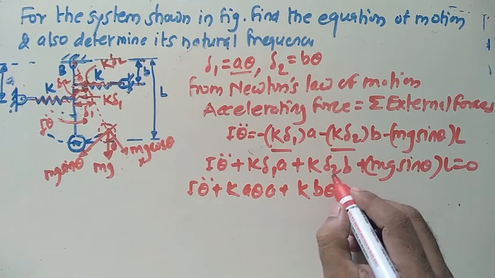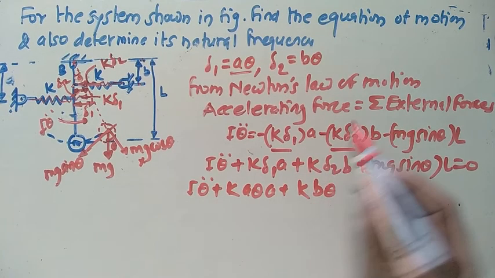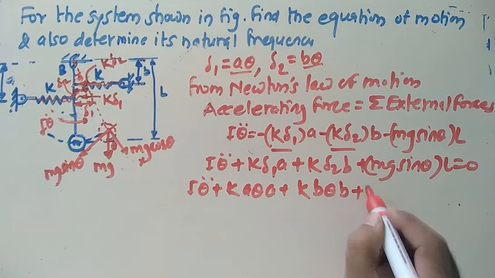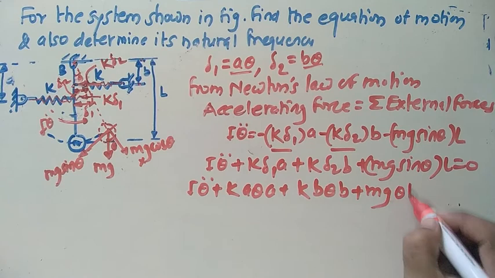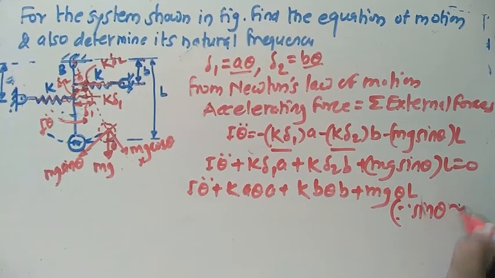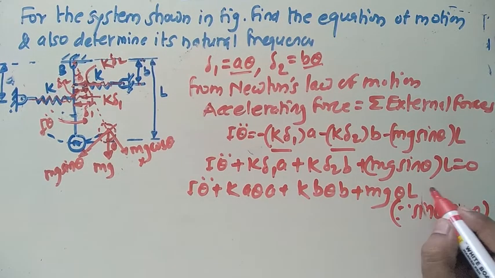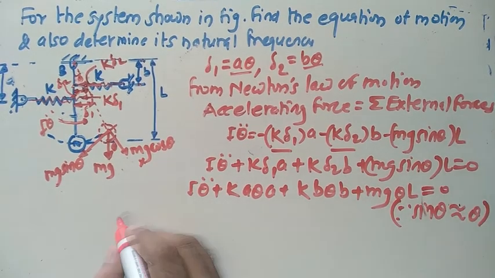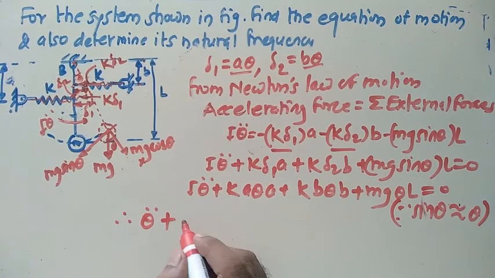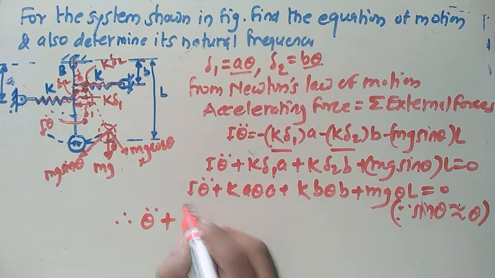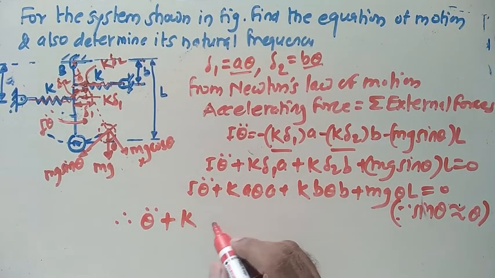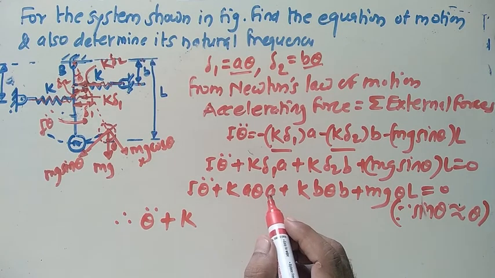multiplied by b, plus mg theta into L. Since sine theta is very small, we can replace sine theta by theta, and equate this term with 0. Now write this equation in modified form so that we can compare it with the simple harmonic motion frequency equation.